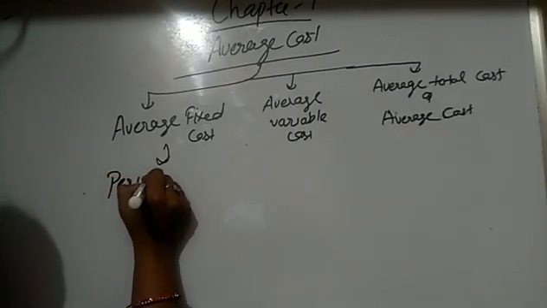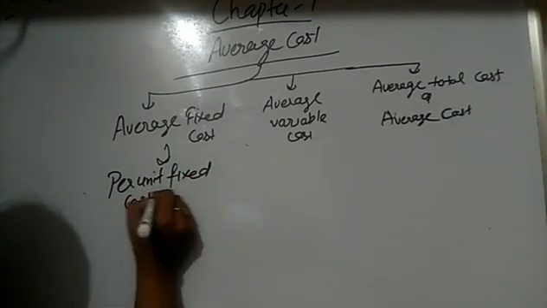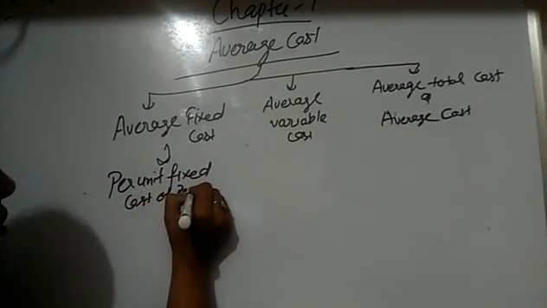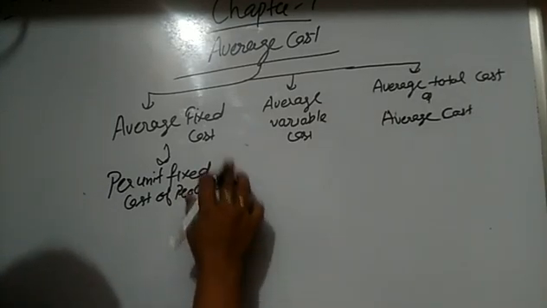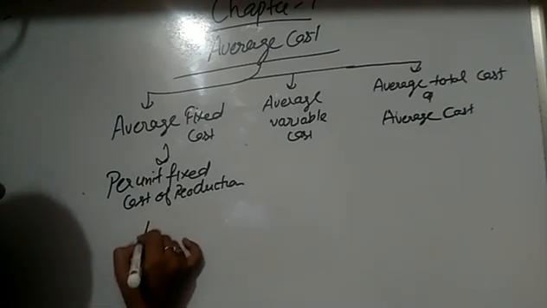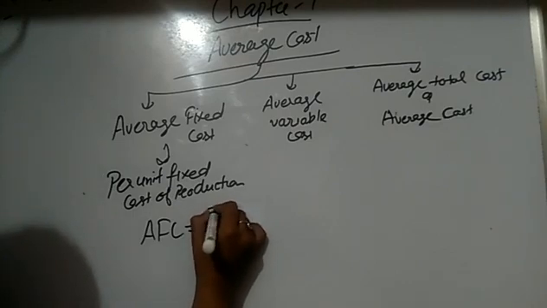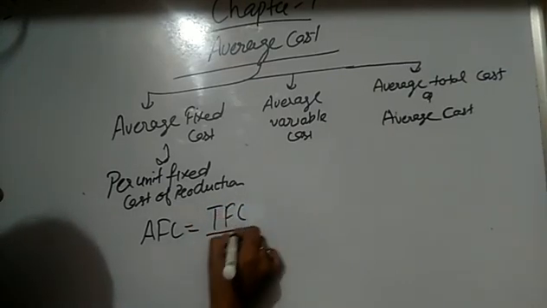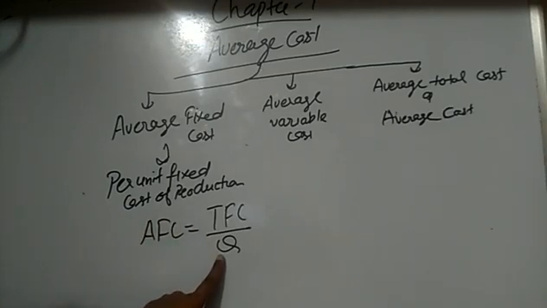The formula is average fixed cost is equal to total fixed cost by quantity. Per unit fixed cost of production is called average fixed cost.